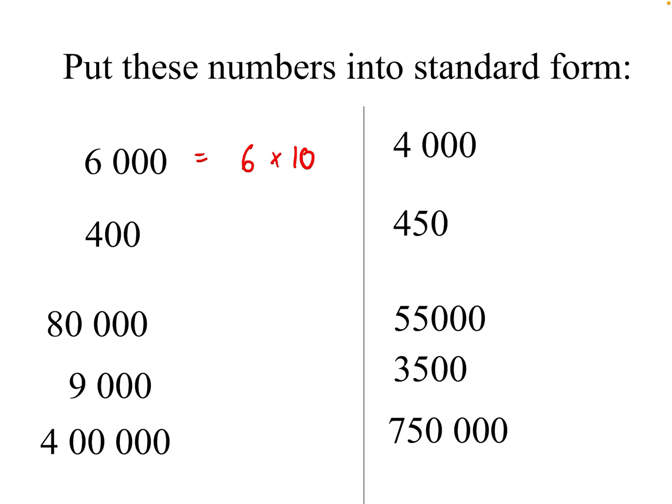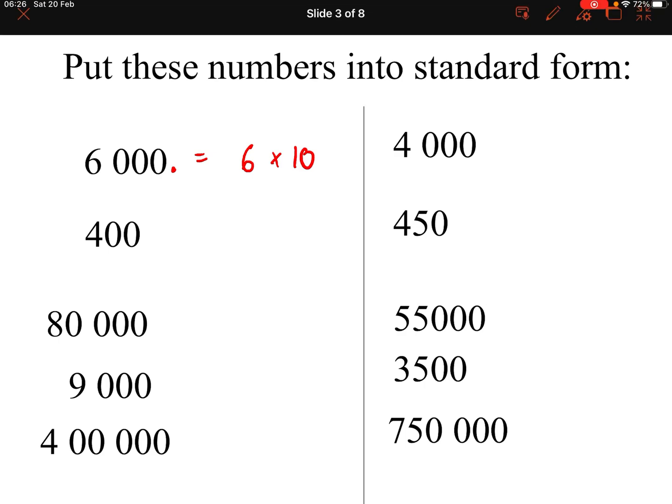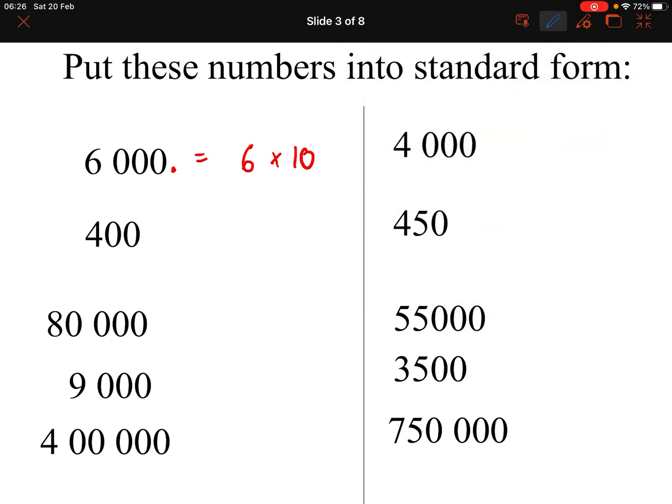Now remember, in the number 6,000, I ask you, where is the decimal point? And often you say, well, there is no decimal point. But there's always a decimal point, okay? In the number 6,000, the decimal point actually is here. And I want to move it so that the number becomes 6. So I want it to arrive here.